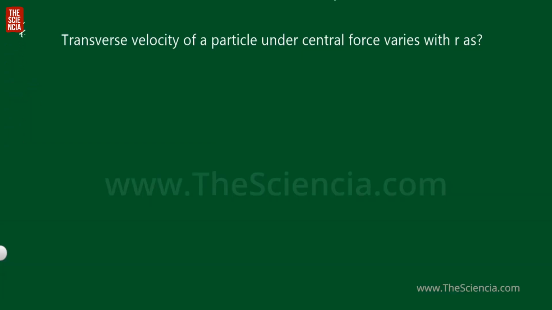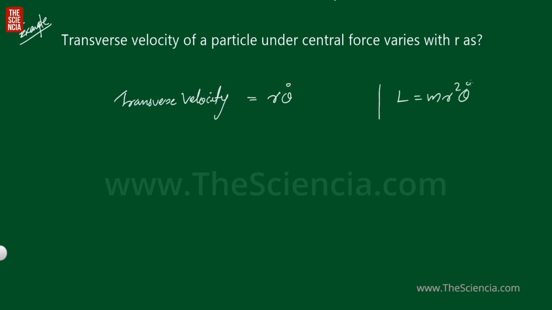An example problem. The transverse velocity of a particle under central force varies with r as, this is the question. So here we know what the transverse velocity is. Transverse velocity is equal to r theta dot, and we know L equals m r square theta dot.